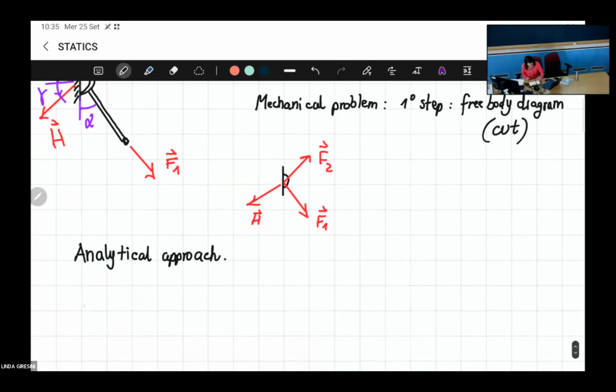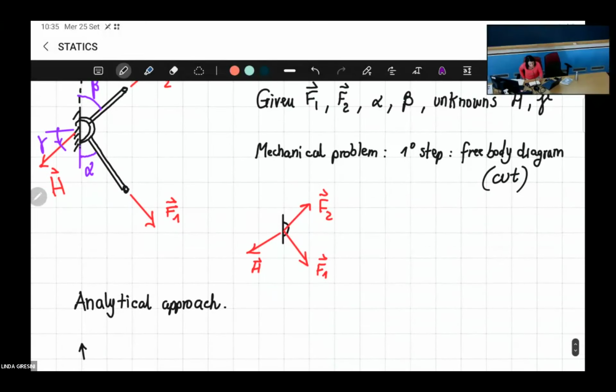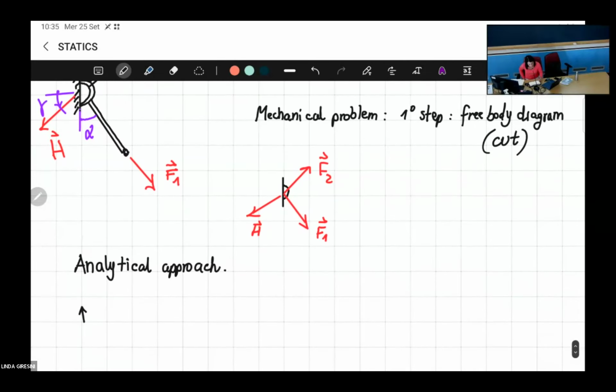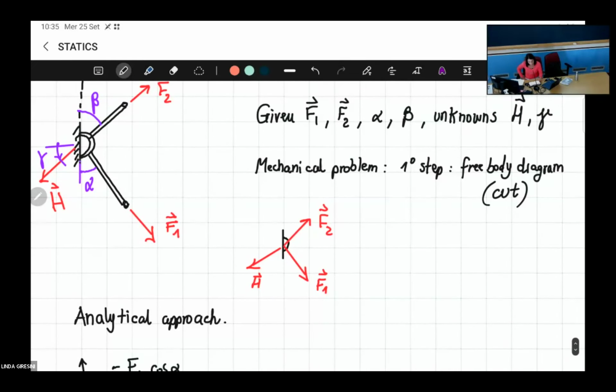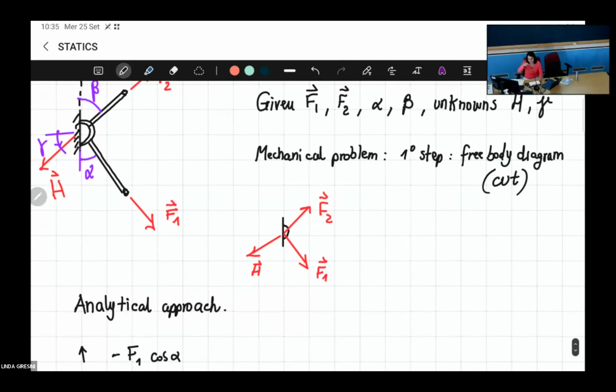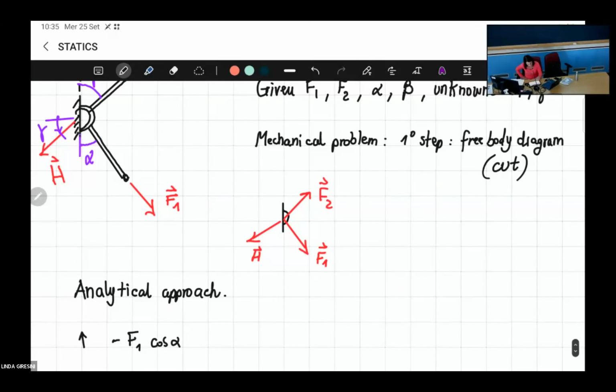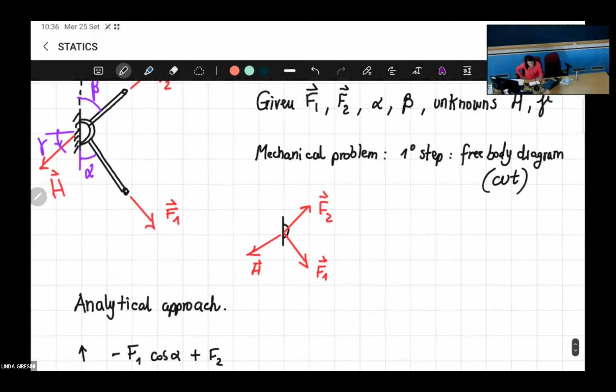So we start with the vertical equilibrium, the equilibrium in the vertical direction, which is minus F1 cosine alpha, minus because it's directed in the downward direction, okay, plus F2 times what?